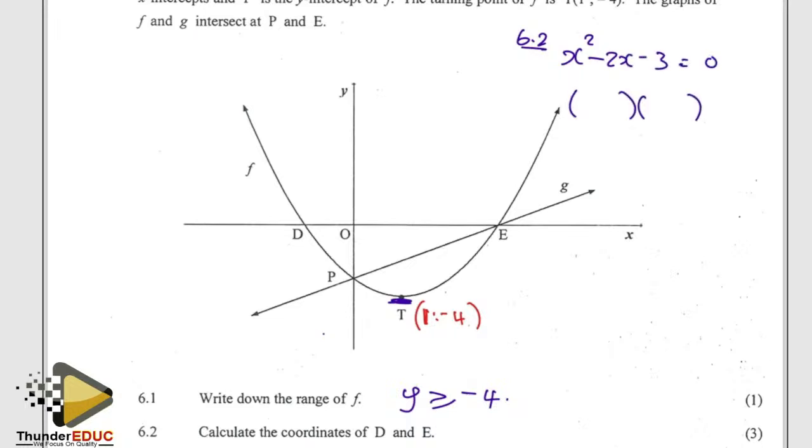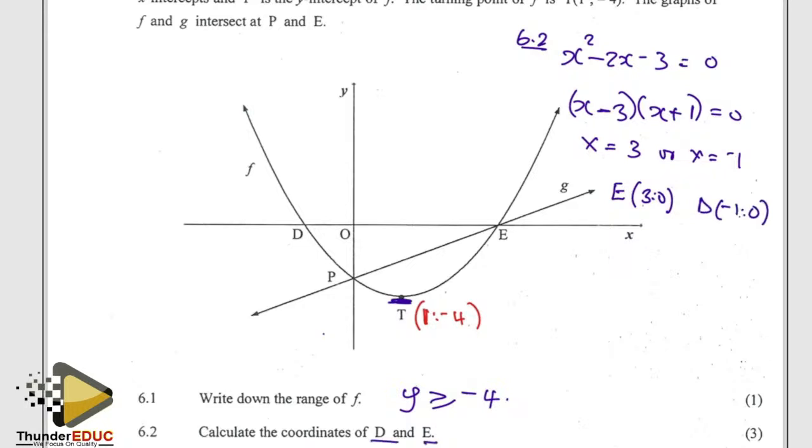I'll open my brackets, that is x and a 3, x and a 1. Put a minus there and a plus is equal to 0, which means x is either 3 or x will be negative 1. So I know that since x is 3, E is going to be 3 and 0. And then D is going to be negative 1 and 0. The question wanted the coordinates, so we have to indicate the zeros as well.